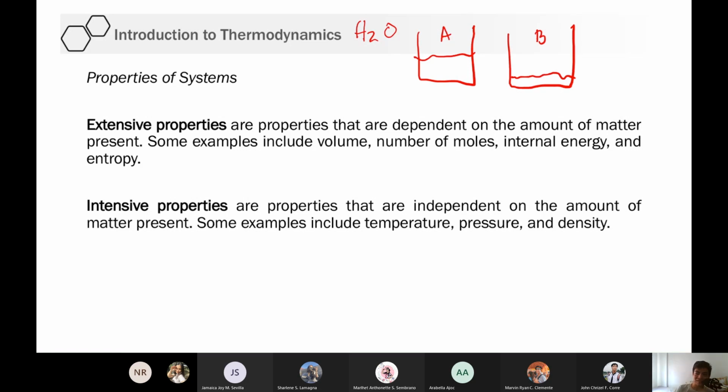Is it A, is it B, or parehas lang? Pili ko A. Feeling A? How about the others? Sino mas mataas density? A, B, or parehas lang? A po. A.